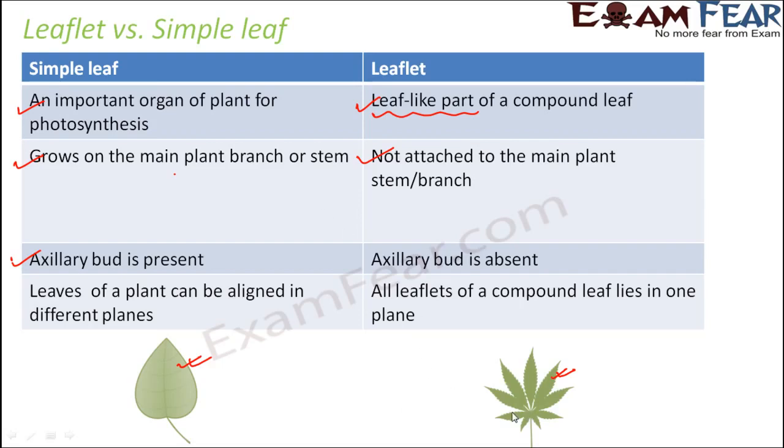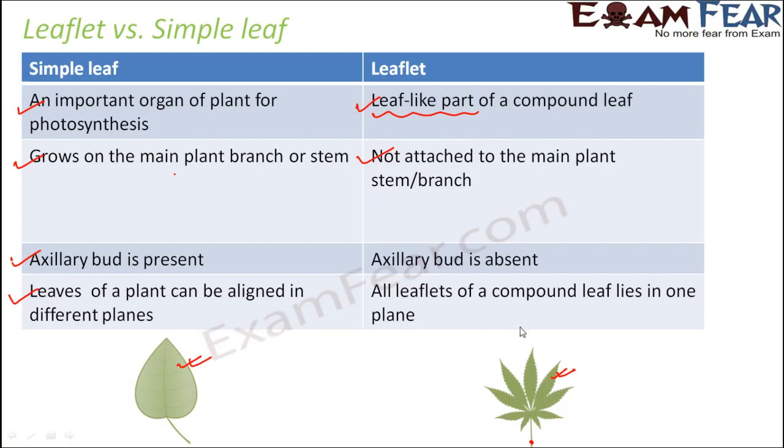An axillary bud can be present at the base of the compound leaf. For example, there can be an axillary bud at this base, because this is the base of the compound leaf, but an axillary bud cannot be present at the base of a single leaflet. Leaves of a plant can be aligned in different planes. Like if I talk about a plant, the different leaves can be in different planes.